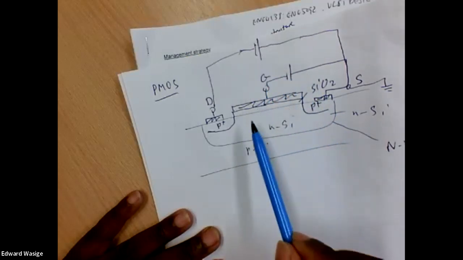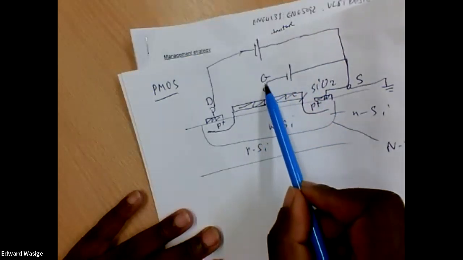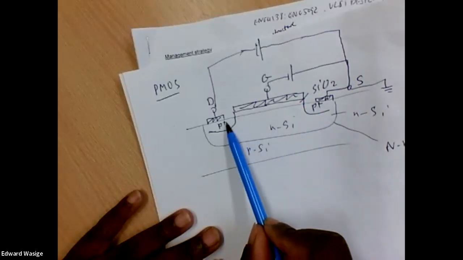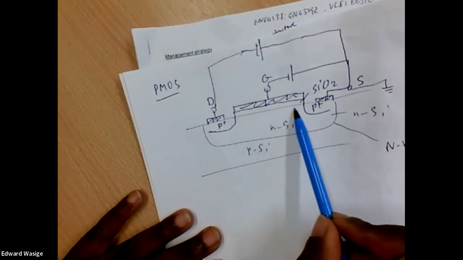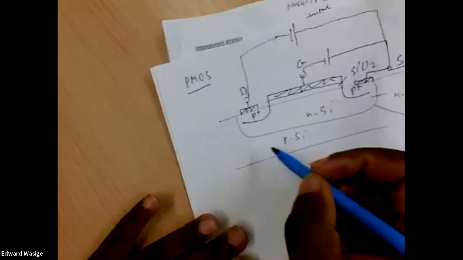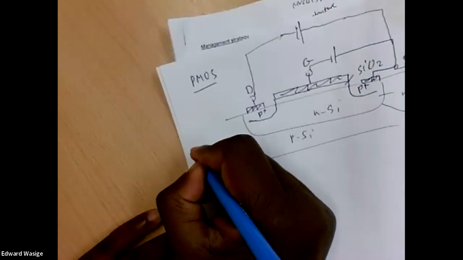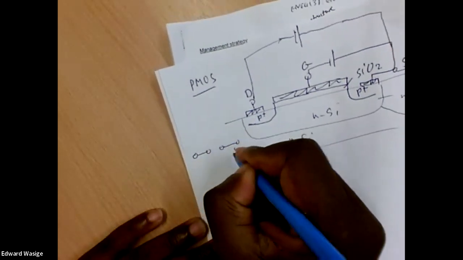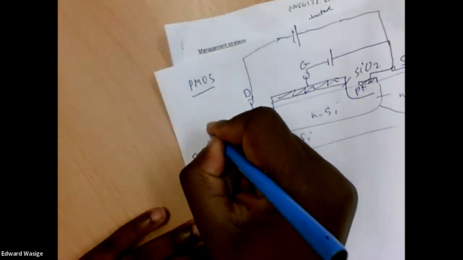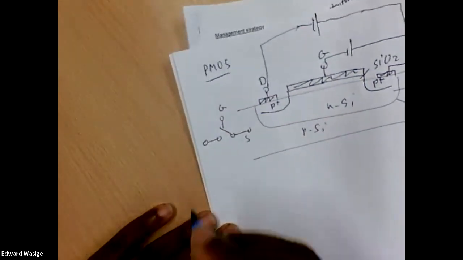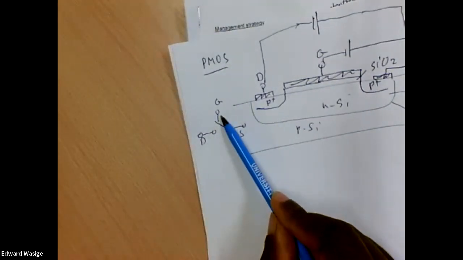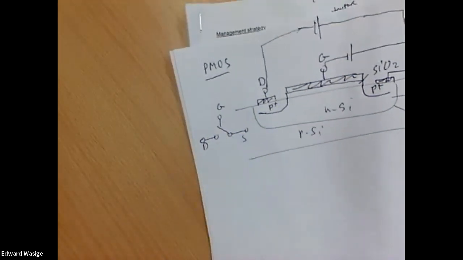Just like in the NMOS device, if the negative potential is not high enough, you're not able to attract the holes which are here into this region, so no current flows. So this device in terms of the switch action, I have my D there, and I have my S there, and I have my gate at that point. And so before you apply your negative potential to the gate, the switch is also open.